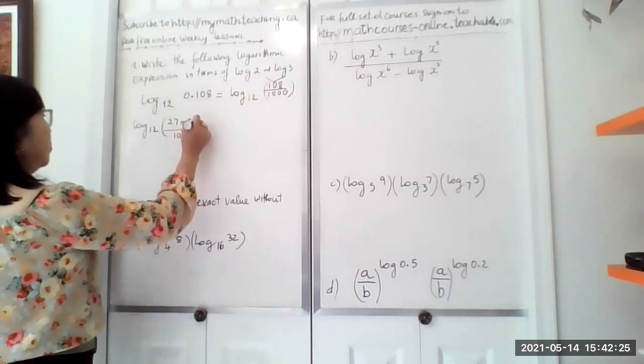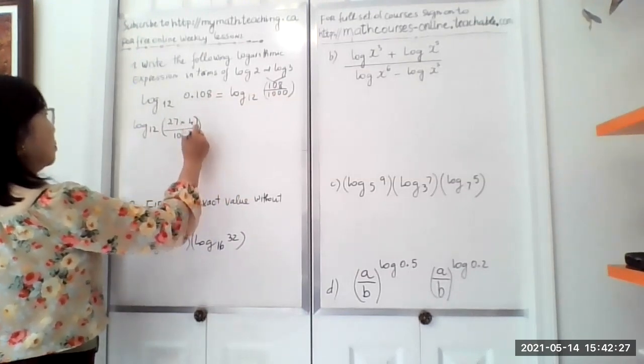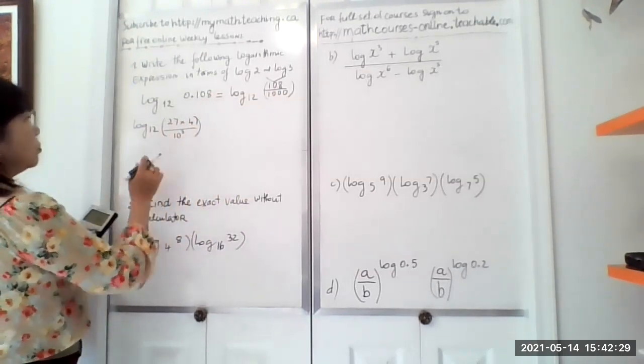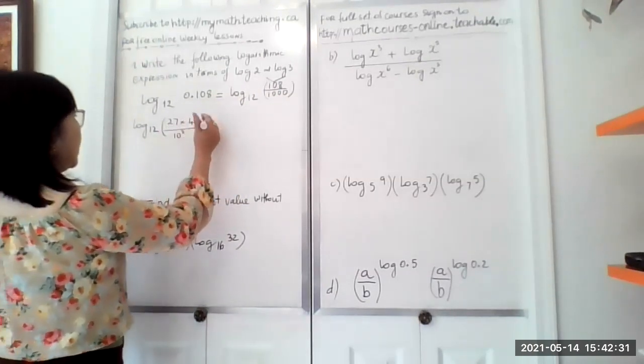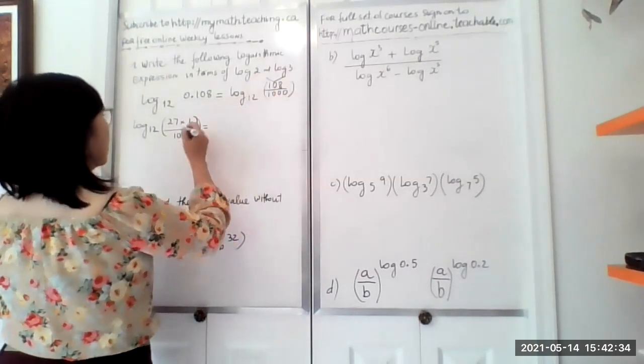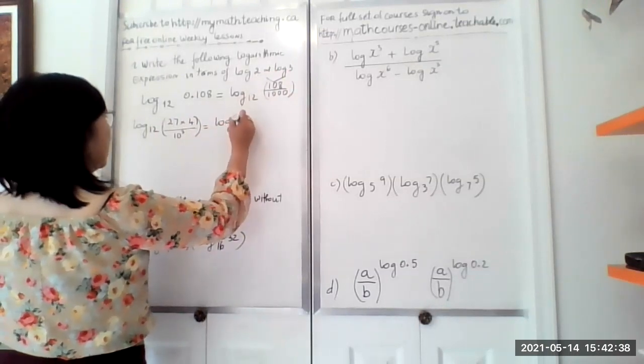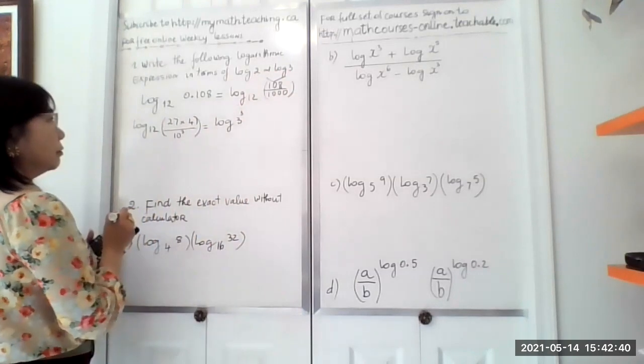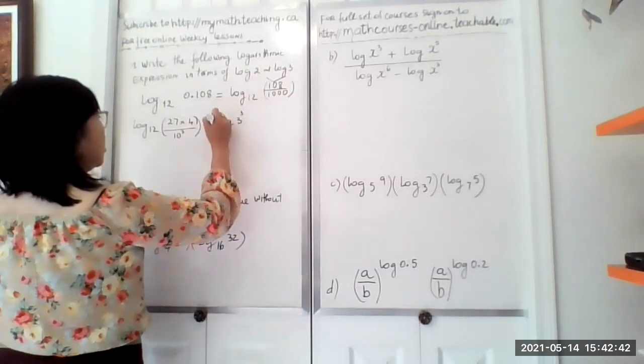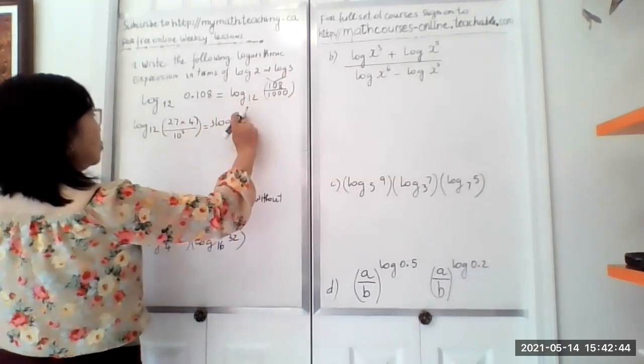So that is the same. The purpose we split it like that is so that we can change into log 2 and log 3. So now you can rewrite the 27 as 3 to the power 3, right? And actually we can bring the 3 in front and cancel the 3 on top.